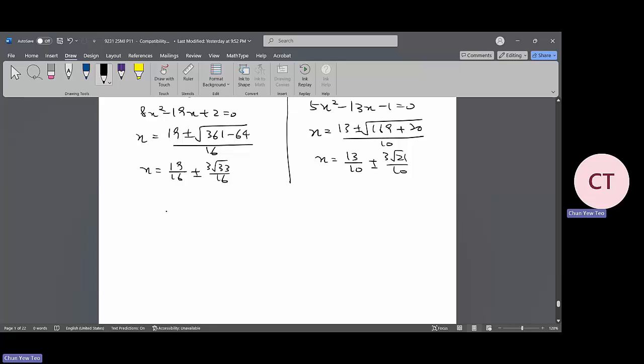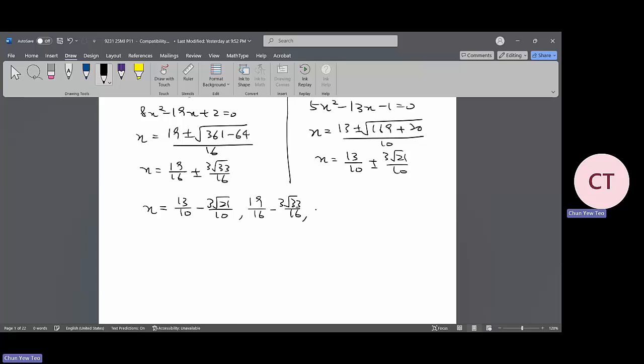We need to arrange them properly. If you convert them into decimal, it will be easier to compare. If not, then you can see that if you arrange them in ascending order, 13 over 10 minus 3 square root of 21 over 10 is the smallest. The second smallest will be 19 over 16 minus 3 square root of 33 over 16.